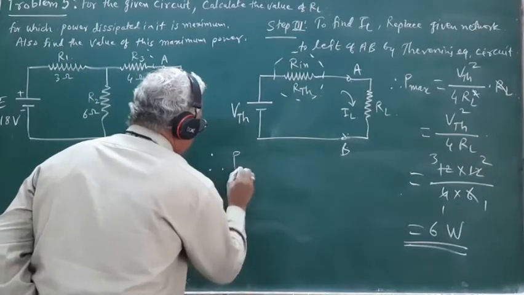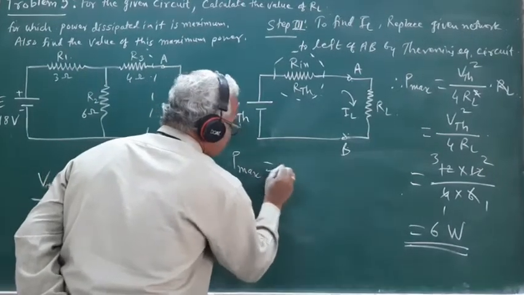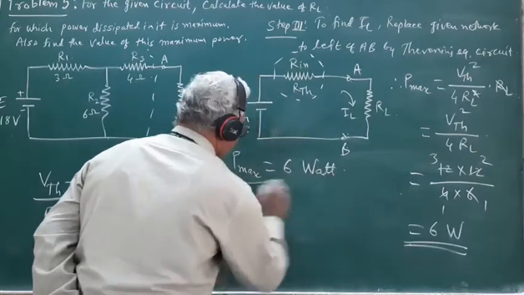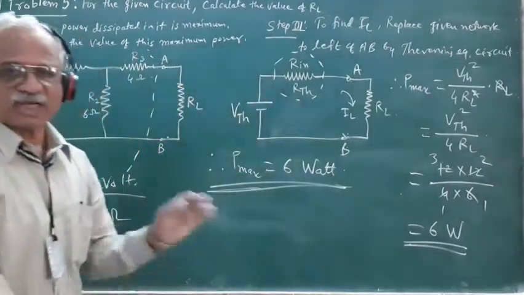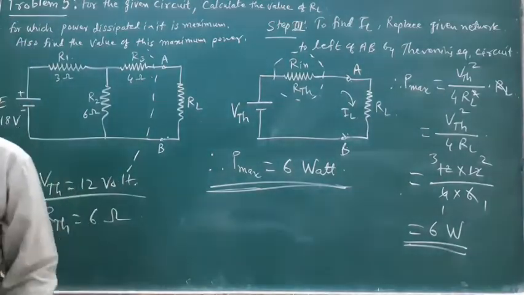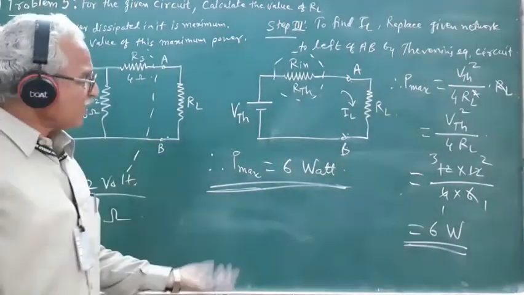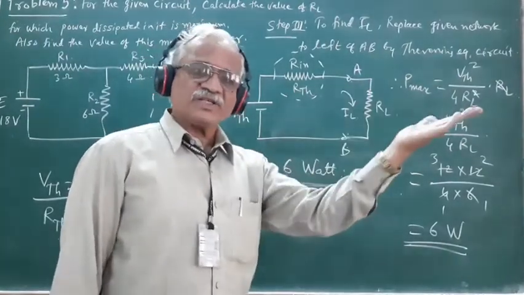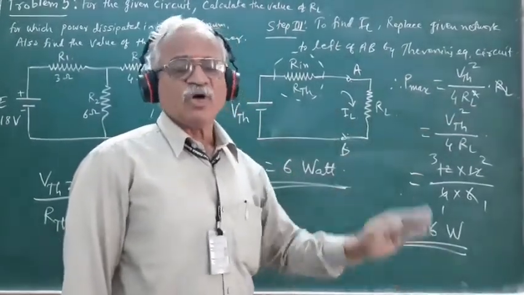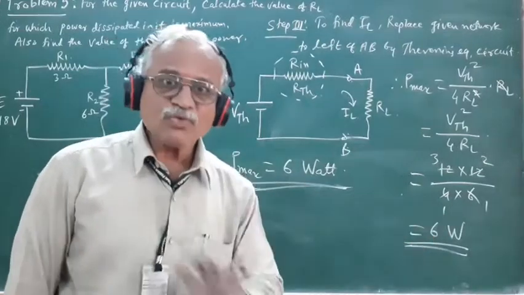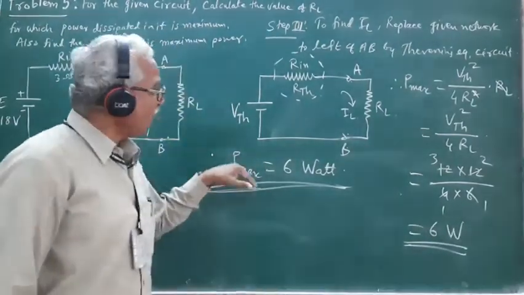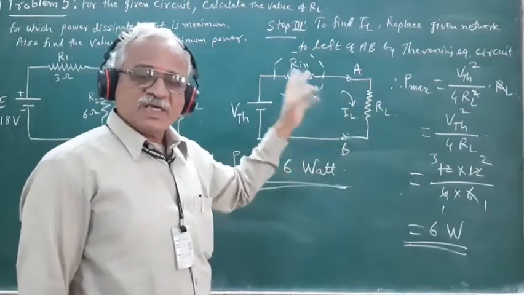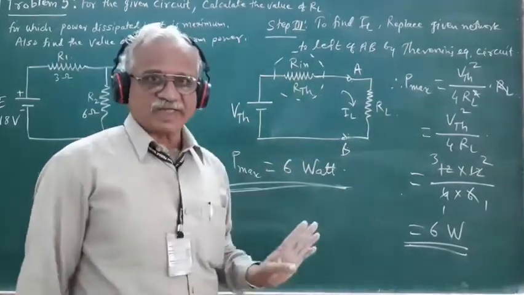Therefore, P max will be equal to 6 watt. And if the value of load resistance RL is either increased beyond 6 ohm or decreased below 6 ohm, then the power available across this load resistance will always be less than 6 watt.